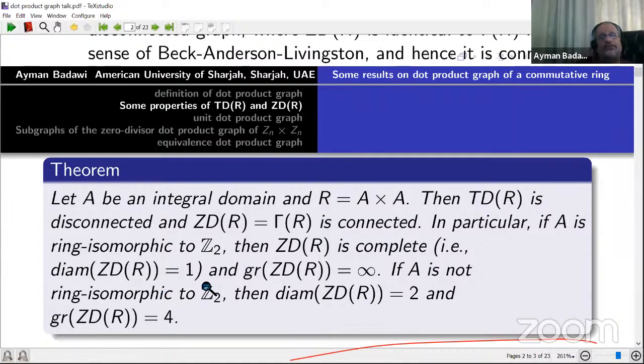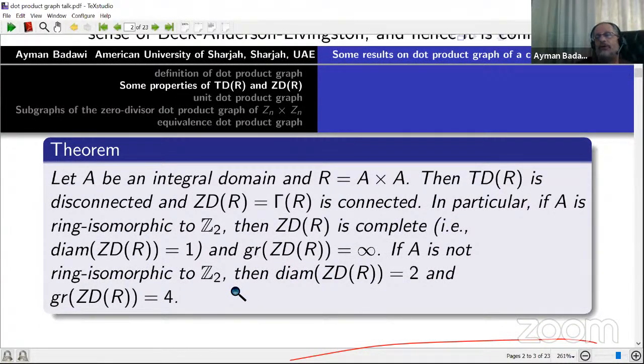If A is not ring isomorphic to Z2, then the diameter will be 2, and the girth will be 4.